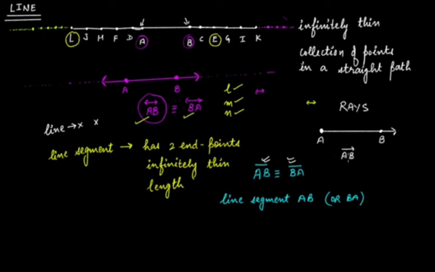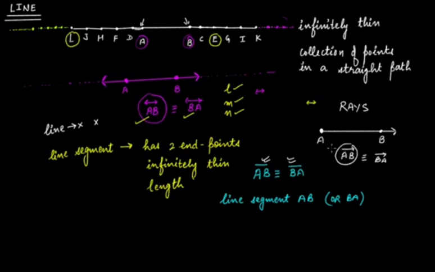But that will not be the case in a ray, because in a ray you have only one starting point or one endpoint, and there is no other endpoint. So ray AB will not be the same as ray BA. Why? Because B in this case is not the endpoint, but A is the endpoint or the starting point, and therefore we have placed the endpoint of the ray above A. So that is an important point to know.